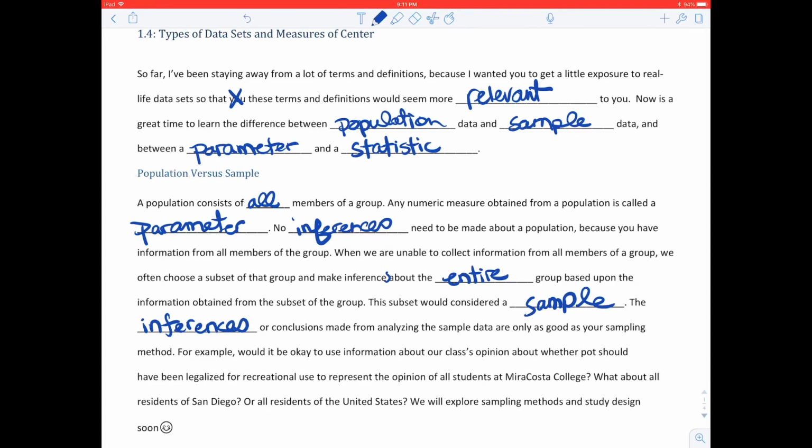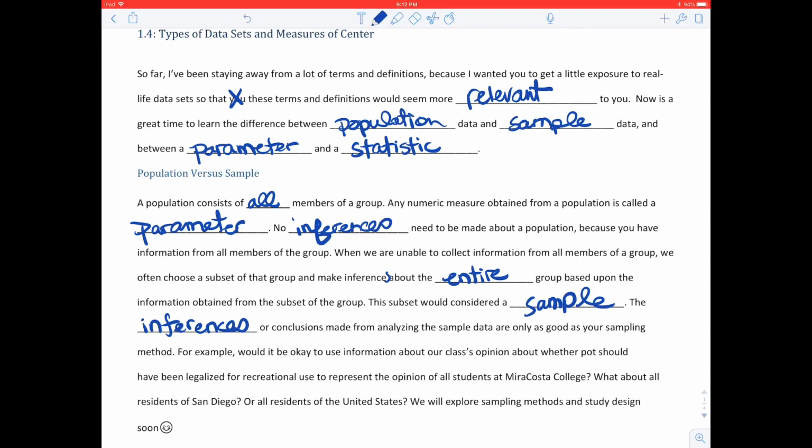Now, most of the time in real life, we don't have the ability, the funding, the reach to obtain information from the whole population. And this is where the whole science of statistics comes into play. I mean, it's kind of like gambling in a way. You make these judgment calls based on a subset of a larger group and hope you're right.